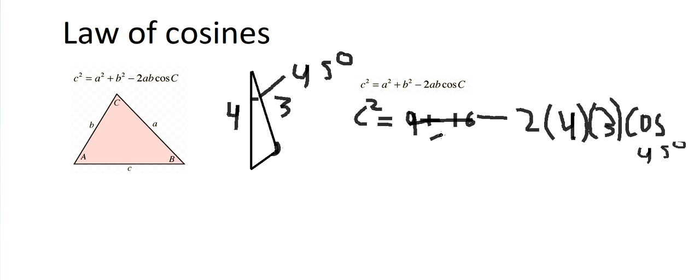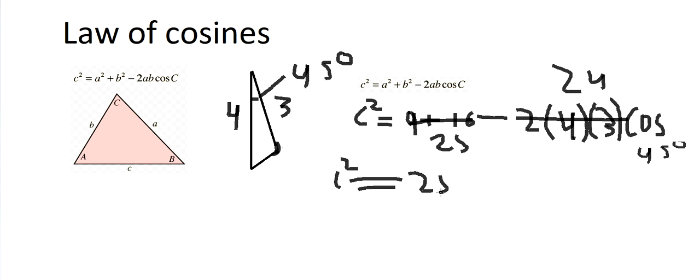So we have c squared is equal to 25 minus 24 times the cosine of 45 degrees.